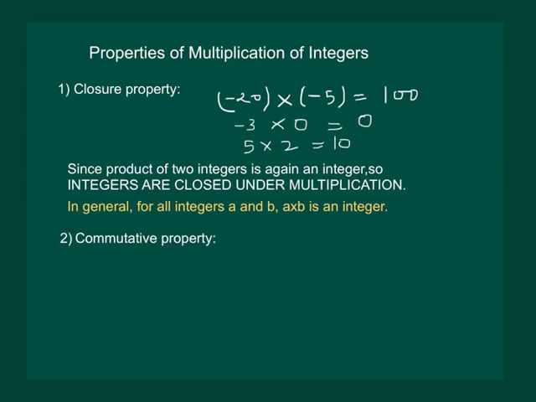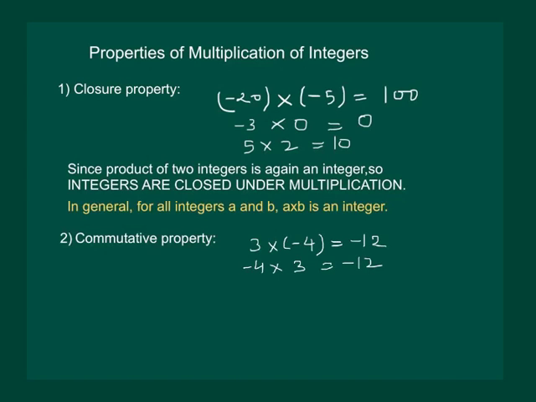Next is the commutative property. Let us check if the order in which we multiply matters. If we multiply 3 with minus 4, we get minus 12. And if we multiply minus 4 with 3, again the answer is minus 12.